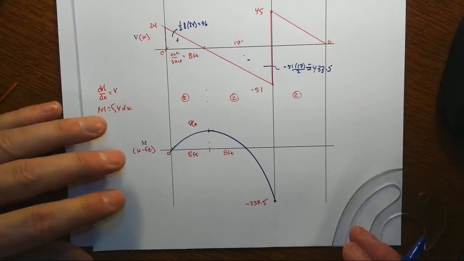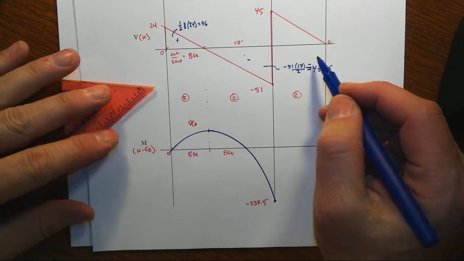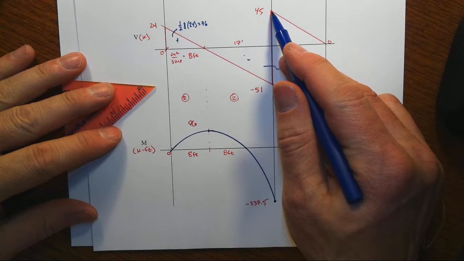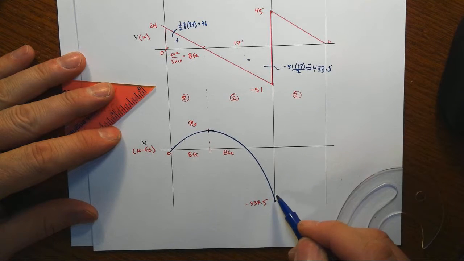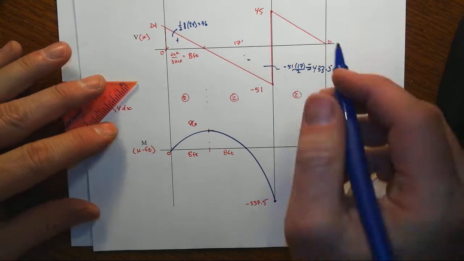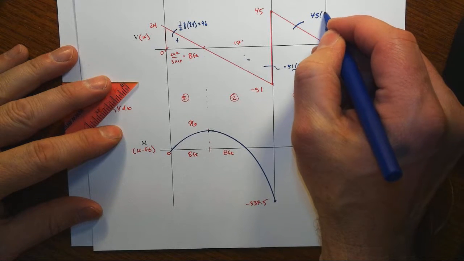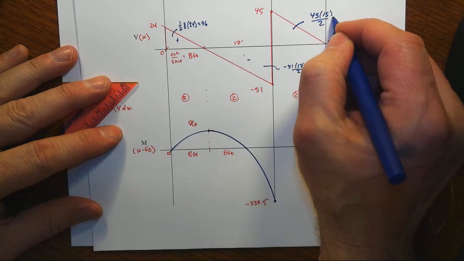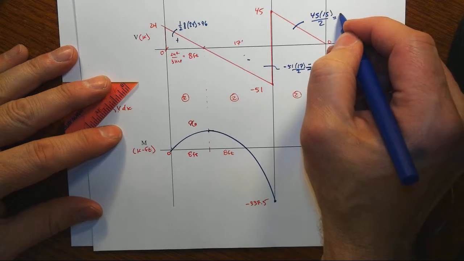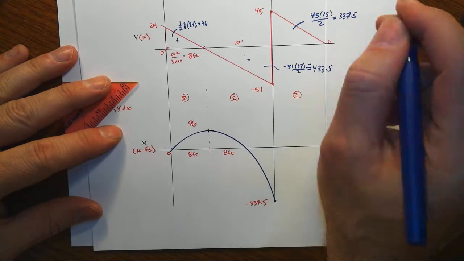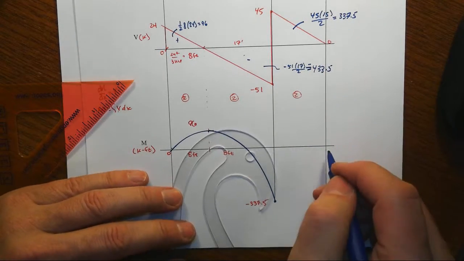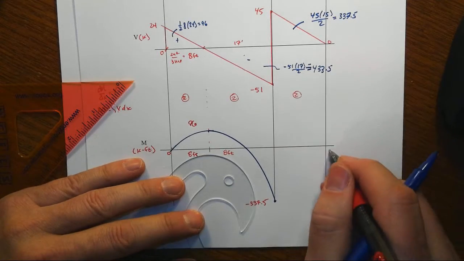And then we've got to finish this thing off. We've got a slope just to the right of the support of a positive 45 kips per foot. It goes to 0. The area, or change in moment, will be 45 times 15 divided by 2, which is equal to 337.5. So that's good. It does exactly what it's supposed to and closes off to 0.